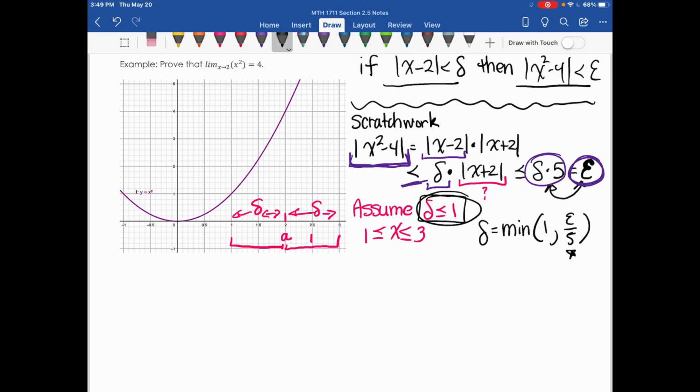But there may be an instance where we let epsilon be a lot bigger, and then epsilon over 5 would be bigger than 1. But we don't want that. We want to pick the smaller of the two. So we're going to say that delta is going to be the smaller of these two. So now we officially have our delta, and I'm going to write my proof.